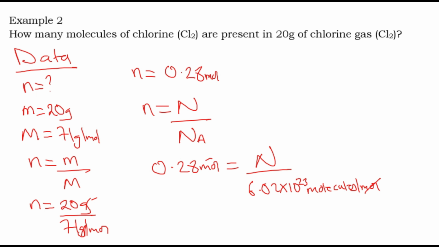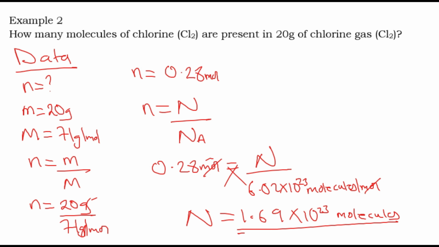So number of moles will get cancelled. Then when you cross multiply, number of particles is equal to 1.69 by 10 to the power 23 molecules. So these are the number of molecules present in 20 grams of chlorine gas.